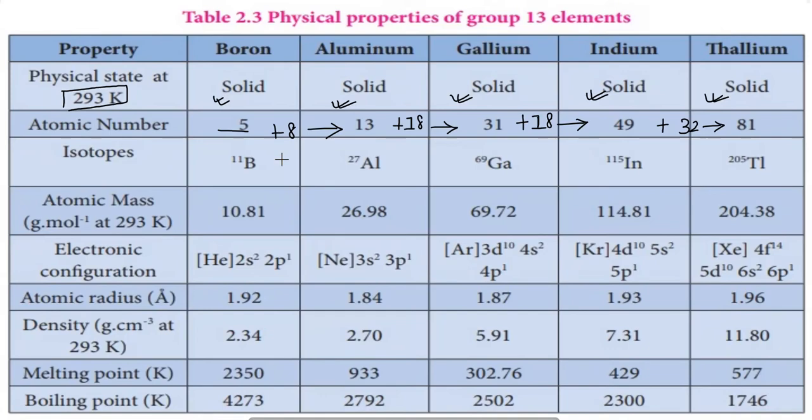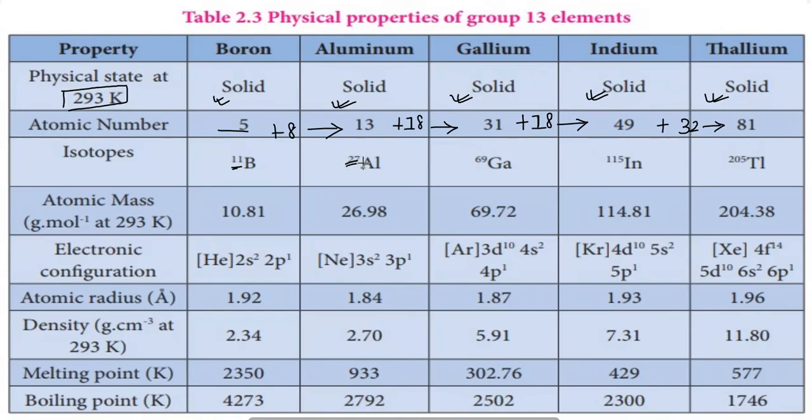Now, what are the isotopes of the elements present here in group number 13, that is, what are the isotopes for icosagens? So the isotope for boron is B11. Okay, the atomic mass of this isotope is 11. Next, aluminium's isotope is aluminium 27.